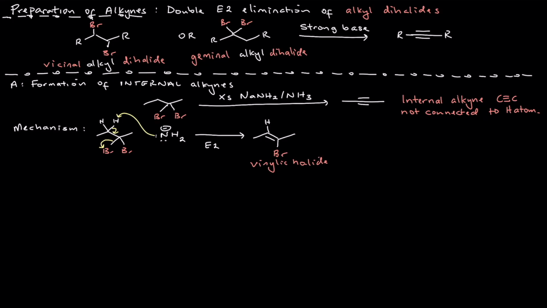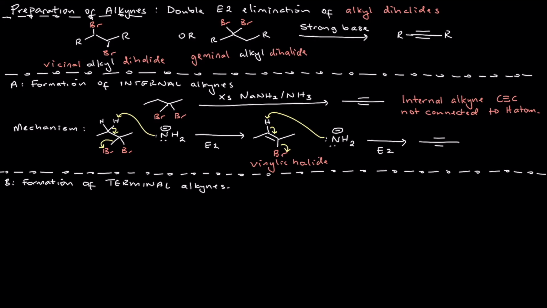But because you are using a strong enough base, another mole of that base can deprotonate that beta hydrogen, once again in an E2 fashion, to form your alkyne. Now let's look at how you can form terminal alkynes.